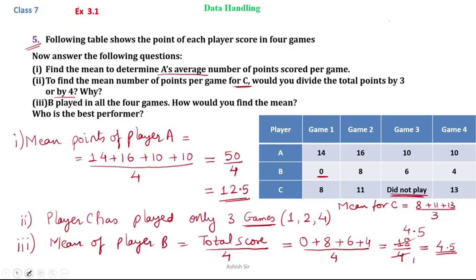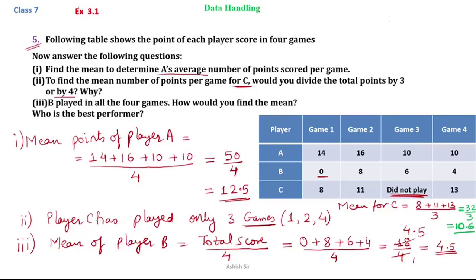So we get the total of 19, here it is 11 and 13, 24, 24 and 8, so that would be 32. 32 by 3. So if we divide it, what we get is 10.6. So the average score of player C is 10.6.